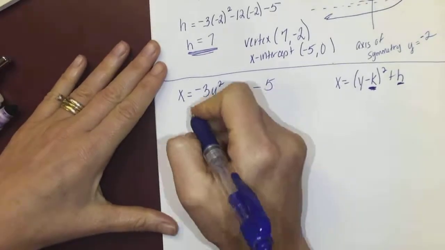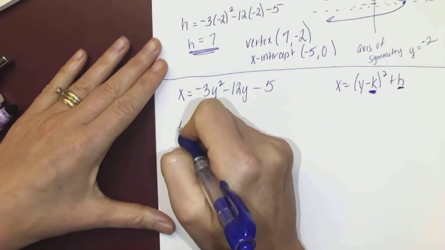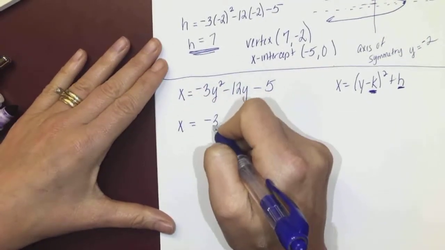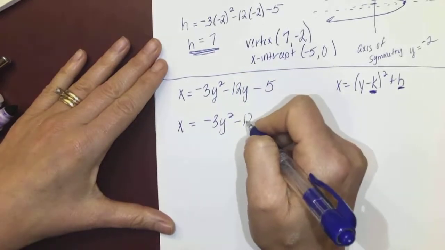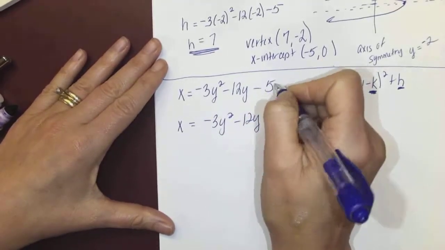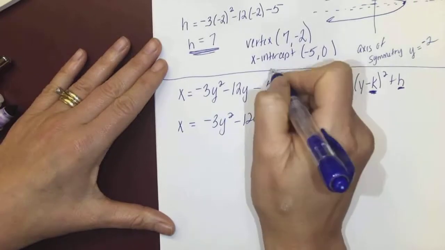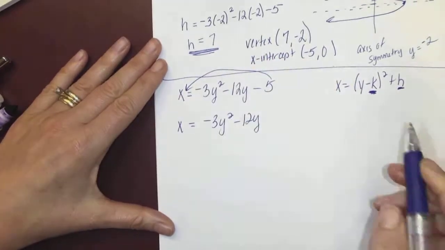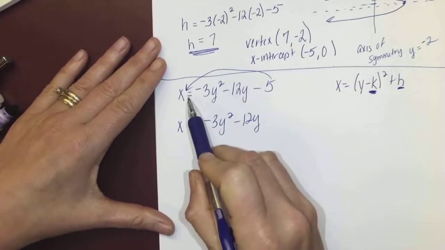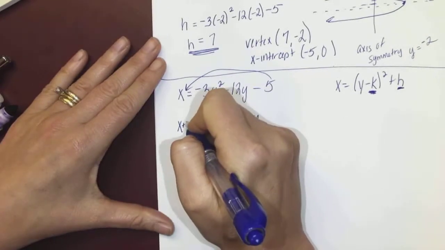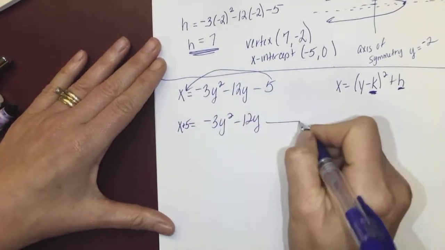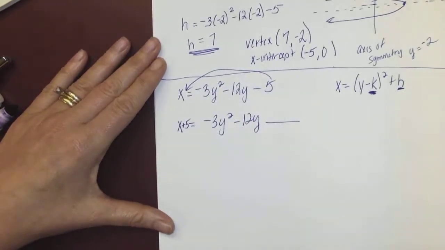So we're going to complete the square like we have been. We'll put our y things together, and we're going to need to move this -5 over because it is not a y term. When I move a -5 over, it would have been +5. We'll squeeze that in there and draw a line.